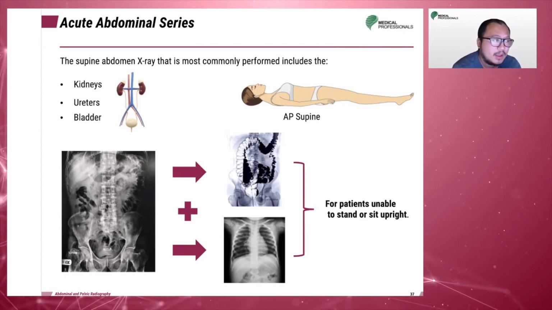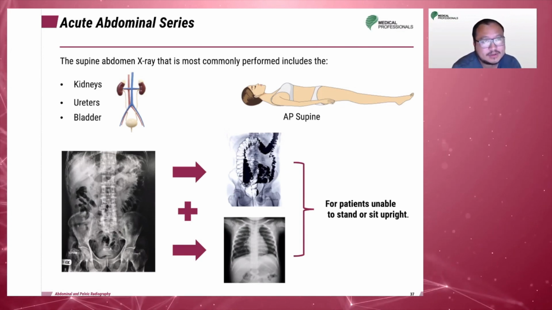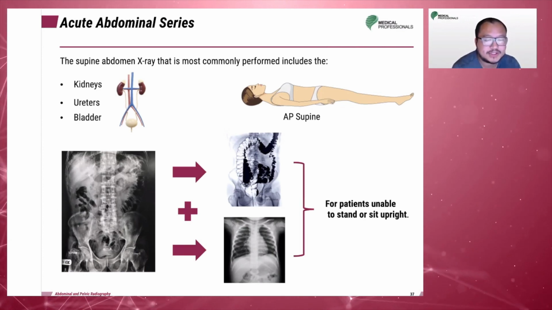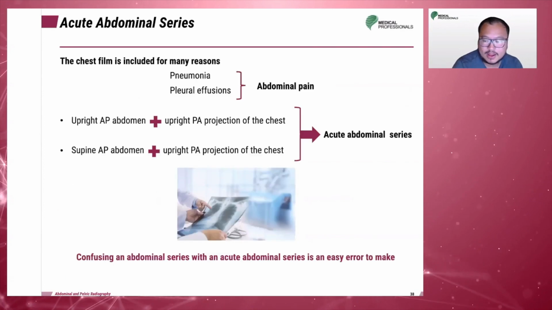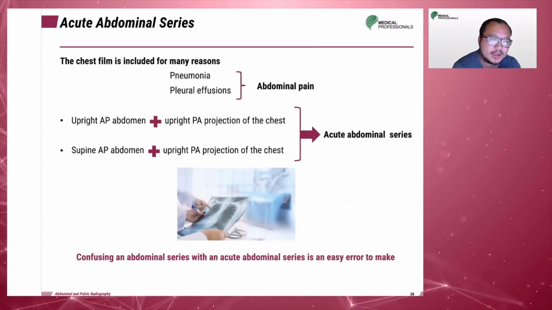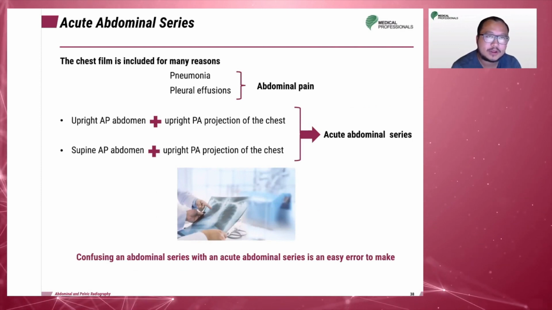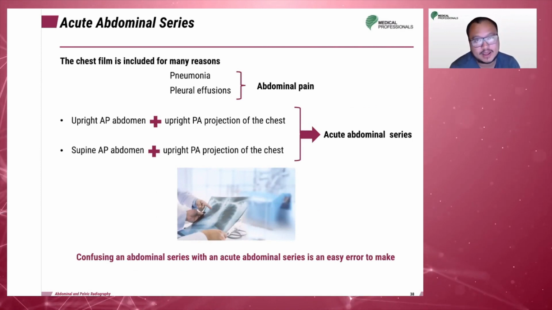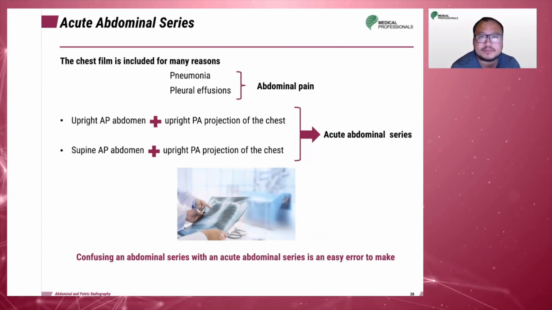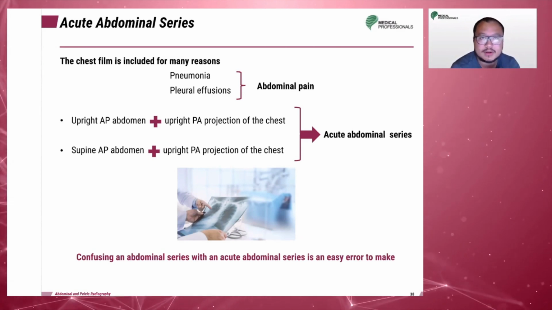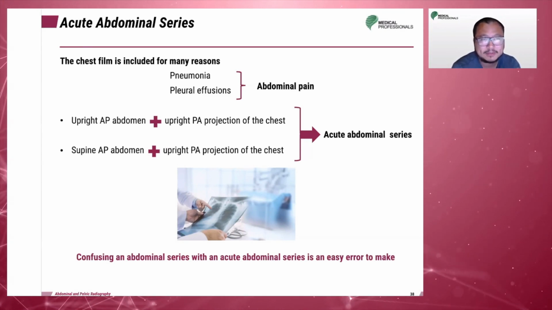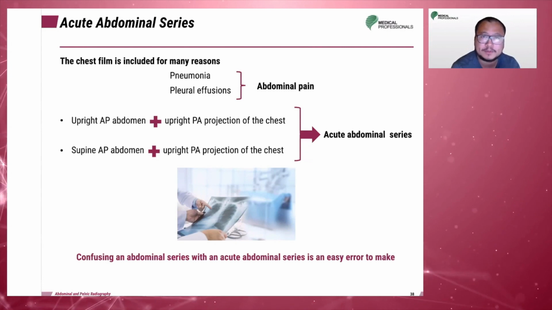Okay. In some facilities, an acute abdominal series also includes a PA chest. Okay. And the reason that chest film is included is certain pathologies present as abdominal pain. So pneumonia, pleural effusions, those sort of pathologies will seem like the patient is having abdominal pain.